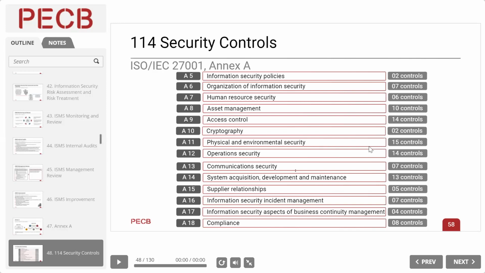Then the physical and environmental security. So the physical security of our premises, of our offices, et cetera. Environmental security is looking at your power, utility power, things like that, where you place your equipment and things like that.